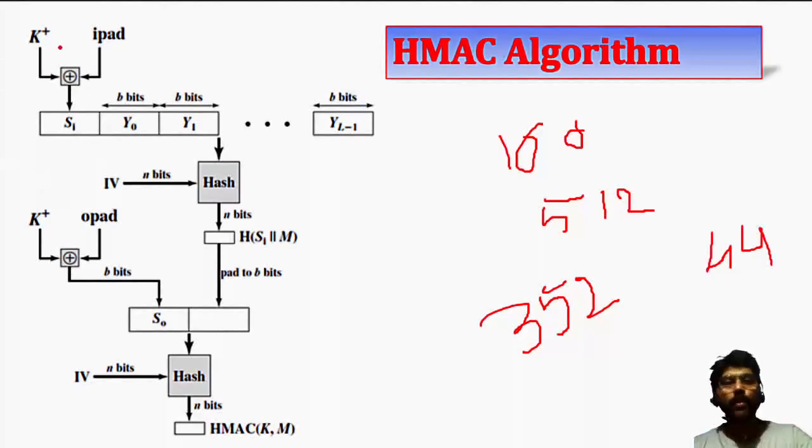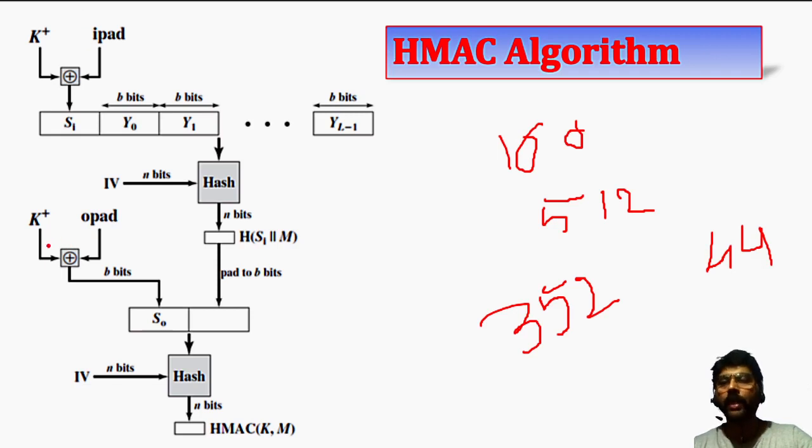One important point to remember here is, whenever you XOR the padded key with IPAD, it will flip half of the bits of the K. Whenever you XOR with the OPAD, the remaining bits of the key are transformed. So in the first step it transforms half of the bits, and in the next you XOR again with the OPAD and transform the remaining half of the bits.